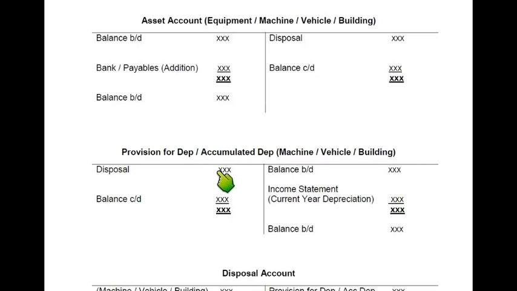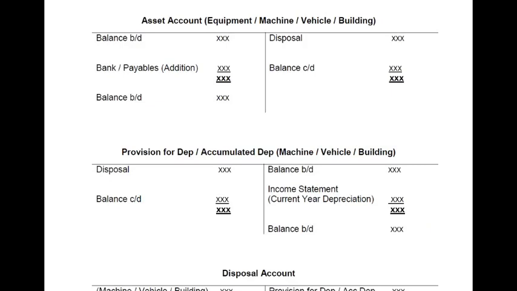Then if we are selling an asset, the total depreciation of the asset that is sold will be transferred to the disposal account. If we no longer own the asset, it is transferred to disposal, and similarly the provision will also be removed and transferred to the disposal account. Then the shorter side will be balance carried down and it will become balance BD in the later year.